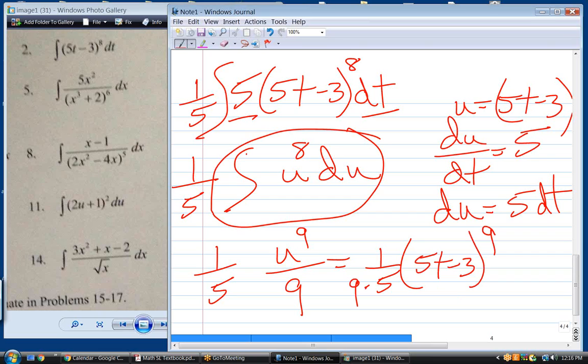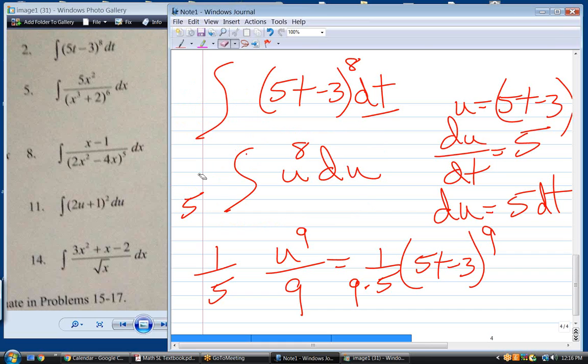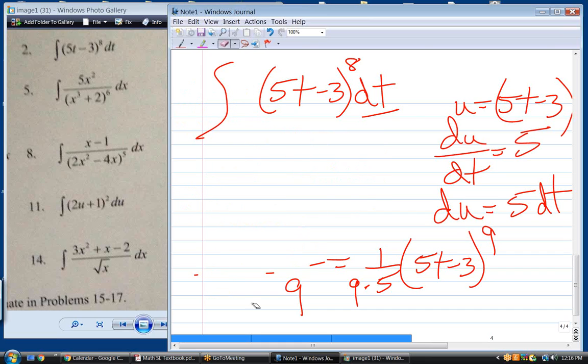So you can just bring that 1/5 back in. Well, you can't ignore that 1/5. And notice, let's do this problem a slightly different way because I want you to see this. I think this is really important in understanding.